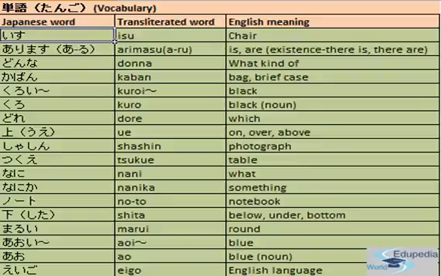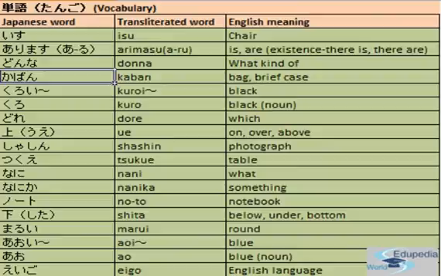Isu, chair. Arimasu, is and are. Donna, what kind of. Kaban, bag or briefcase.